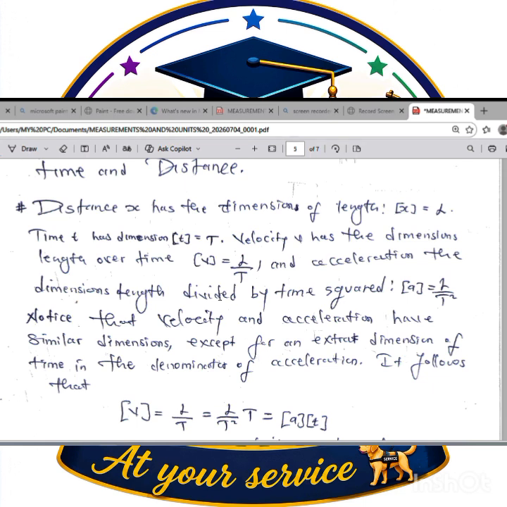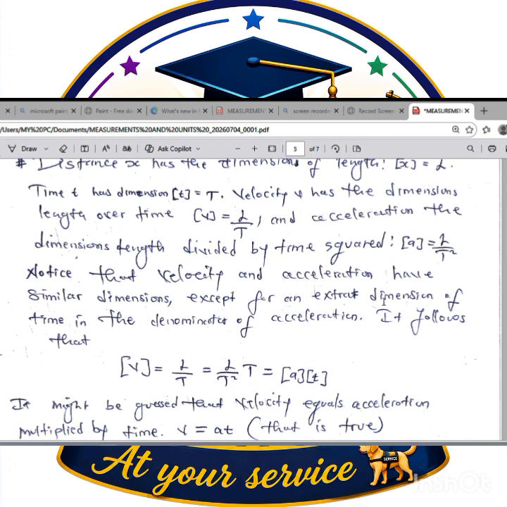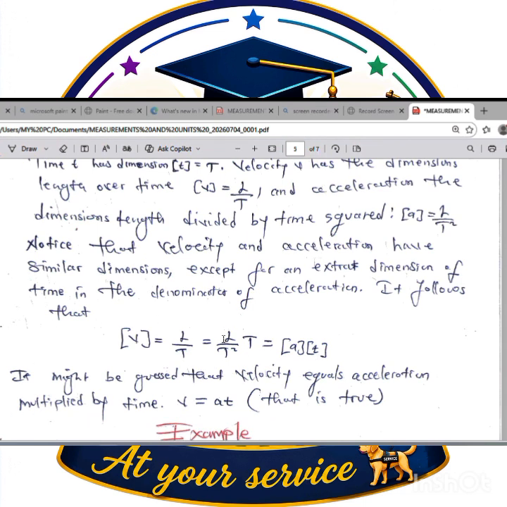Acceleration has the dimensions of length divided by time squared. So here is the equation. Notice that velocity and acceleration have similar dimensions, except one extra dimension of time in the denominator of acceleration. For acceleration we have L over t squared. For velocity we only have L over t.